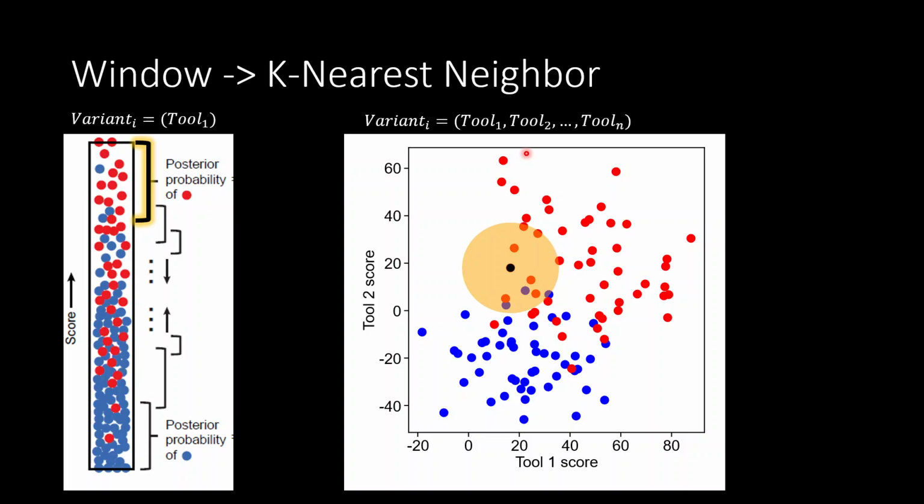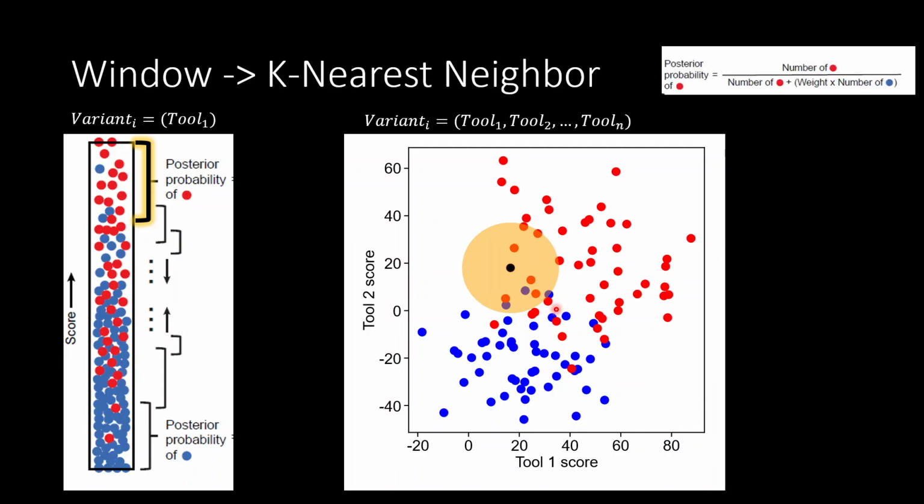Now, if we have multiple tools, we use each tool's score to define a dimension and create a multi-dimensional space. For a variant of interest, we use a sphere in this multi-dimensional space to define the neighborhood. After this neighborhood is defined, we can use exactly the same proportion to calculate the posterior probability.